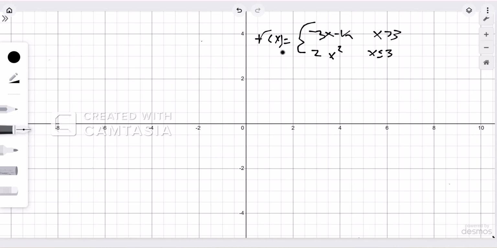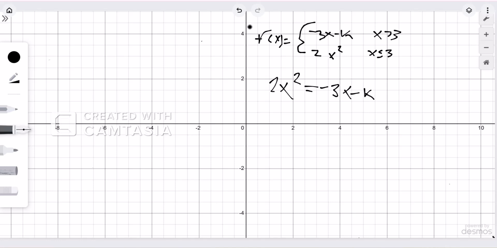Okay, so what you want to do first is solve for k. Because both of the functions are approaching 3, they have to equal each other at that point. So we have 2x squared equals negative 3x minus k.